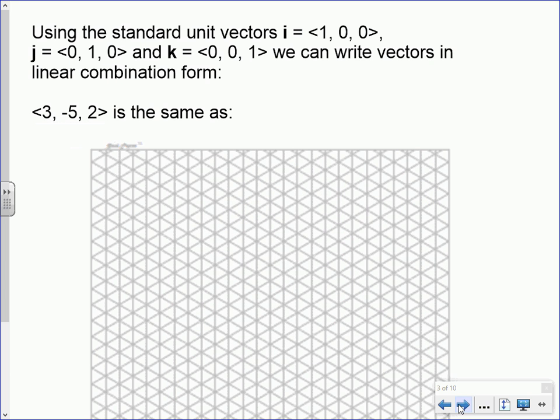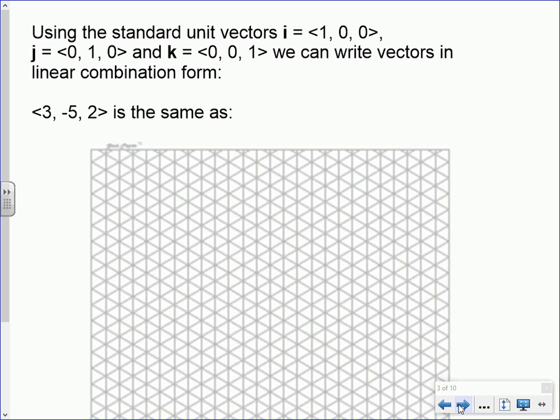Okay. Let me remind you of our linear combination form. Do you remember our vectors i and j? Now that we're in 3 space, vector i is the unit vector 1, 0, 0. Vector j is the vector 0, 1, 0. Now we've added a vector k, the unit vector 0, 0, 1.